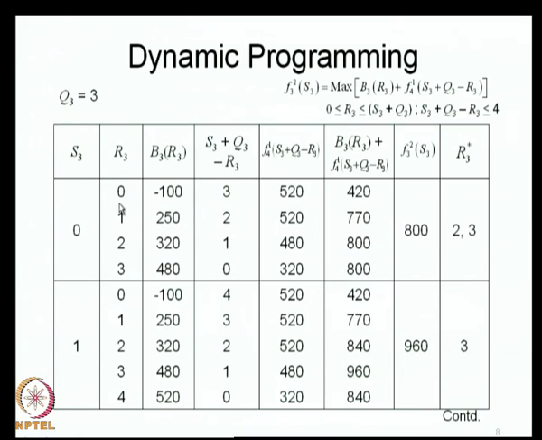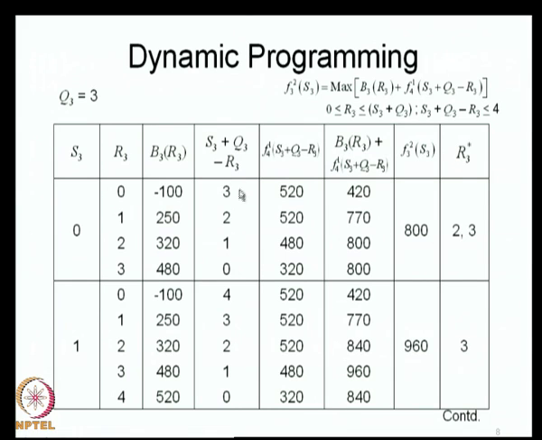If R3 is 0, remember in the last class I also told how to set up these columns. Just look at these terms here and then set up the columns. So, if R3 is 0, then I get a benefit of minus 100, and I will have the end of the period storage as 3, because 0 plus 3 minus R3, which is 0, is 3.